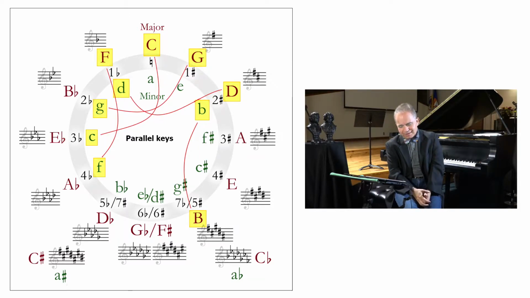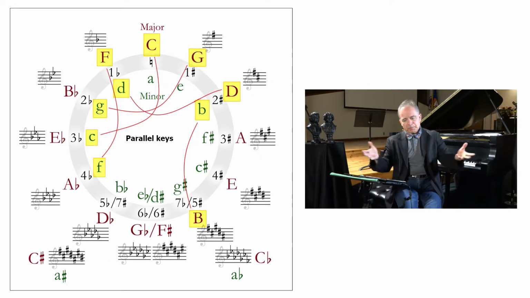Okay. Now, why is this important to look at the keys this way? Well, practically, for example, when you're trying to modulate or change keys in a piece of music, right? We don't want to stay in the same key all the time, and I exemplified that for you many times. Things get boring very fast. So when you want to move from one key to another, it's very easy to do a mode change, for example, and find yourself in a key with a completely different key signature.